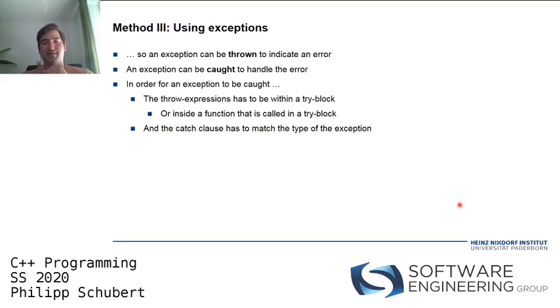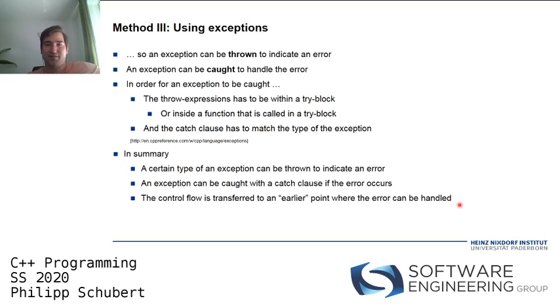Okay, that's very interesting. That means that you can throw an exception of a certain type. When you throw an exception, this exception has a certain type. And then you can catch this exception if it occurs in a try block. We will learn about try blocks in a few seconds. Apparently you can catch the exception if the exception that you wish to catch matches the exception that is thrown. Okay, so far so good.